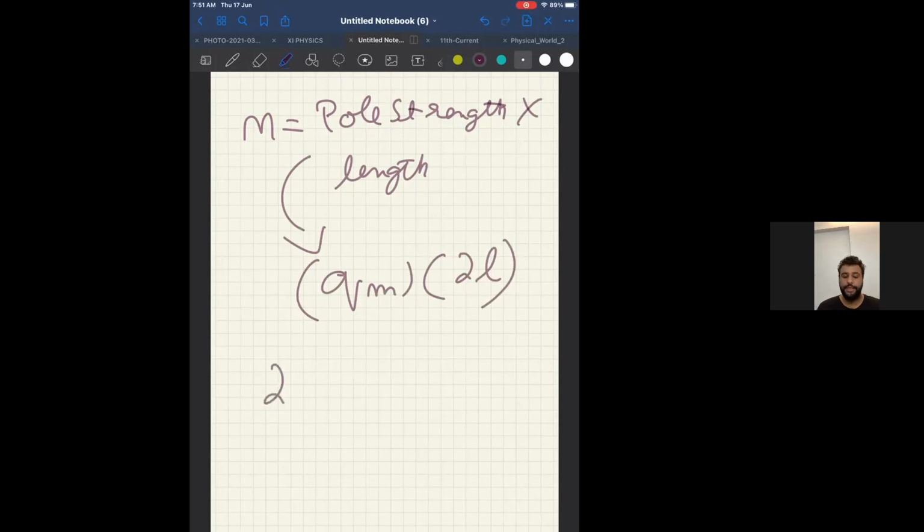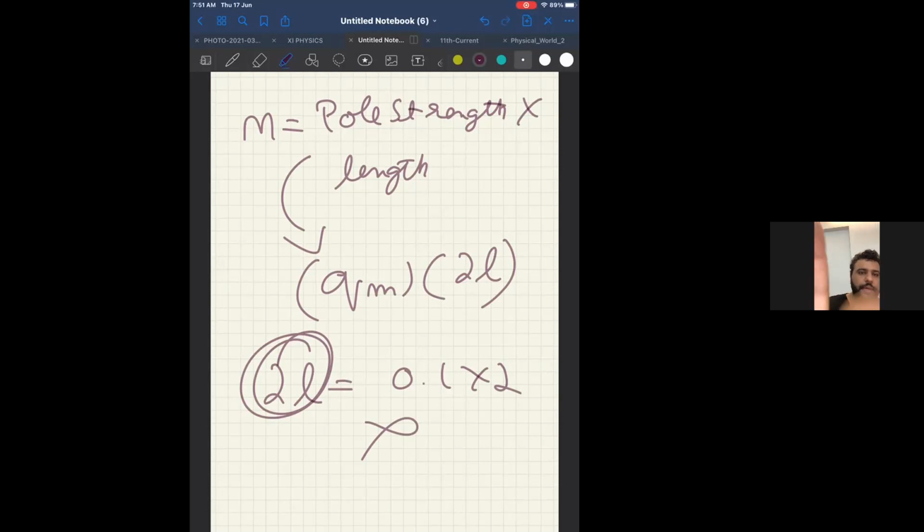Don't make this mistake of doing 2L is equal to 0.1 into 2. It's wrong. Magnetic length is not L. Magnetic length is 2L. Therefore, whatever length they give you, that itself is 2L. Arshia, I hope you have understood.